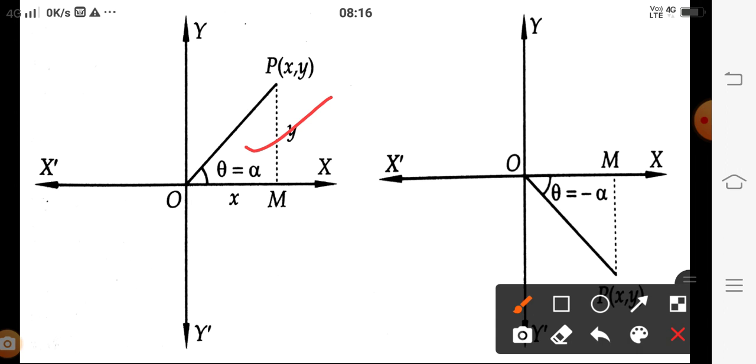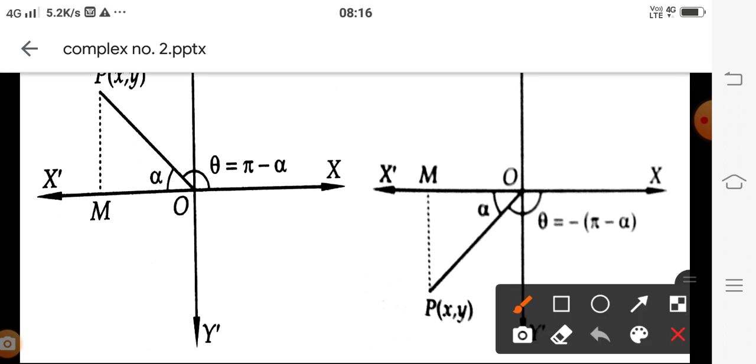But if you observe the second one, here in the fourth quadrant we get the point, and in the fourth quadrant you have to write theta is equal to minus alpha. You find tan alpha; suppose alpha you get is pi by 3, then we have to consider the argument as minus pi by 3 because that point lies in the fourth quadrant.